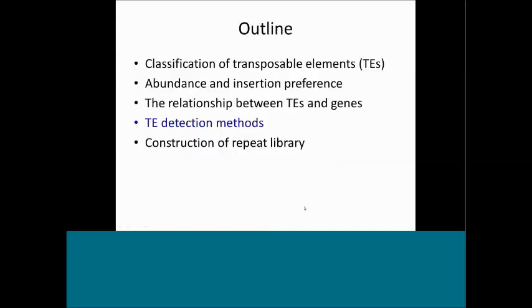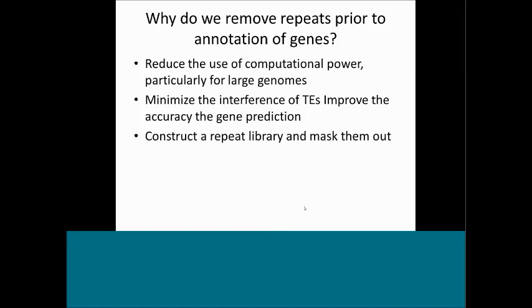Next, I will talk about how we detect transposable elements. If you have a new genome, the best way is to remove the transposable elements first, before the gene annotation.